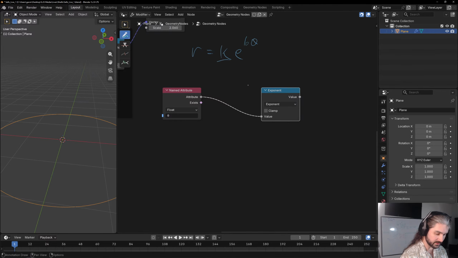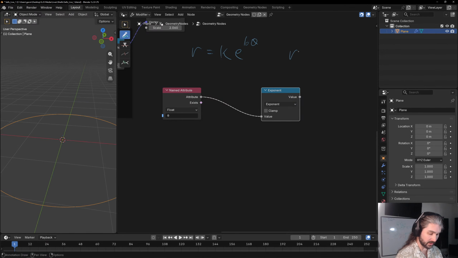So we have a constant to multiply everything by, that really just sets the radius when we have an angle of 0, so how wide it would open. We have b, which is a multiplier for our theta, so what angle to set it to.